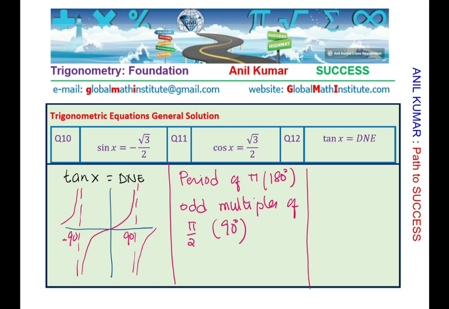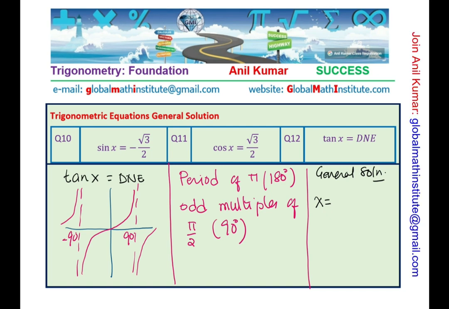So that helps you to write down the general solution, right? So let's write down the general solution. I hope you already got it. We have x equals, if you're writing in degrees, odd multiples, meaning 2n plus 1, of 90 degrees.